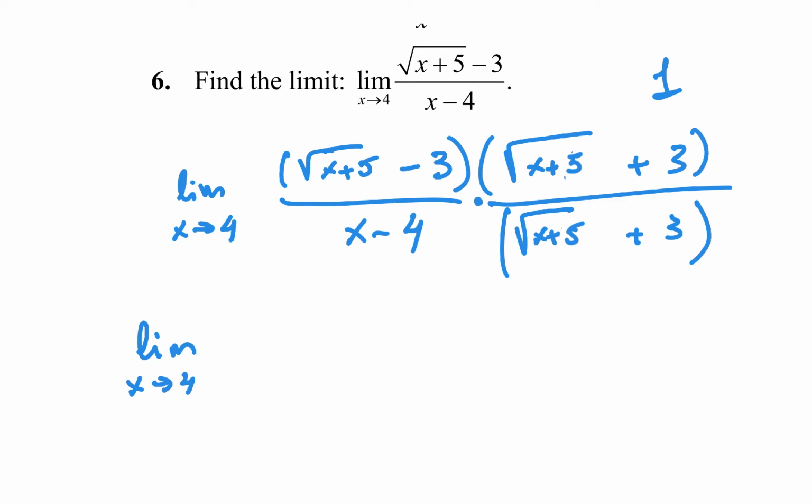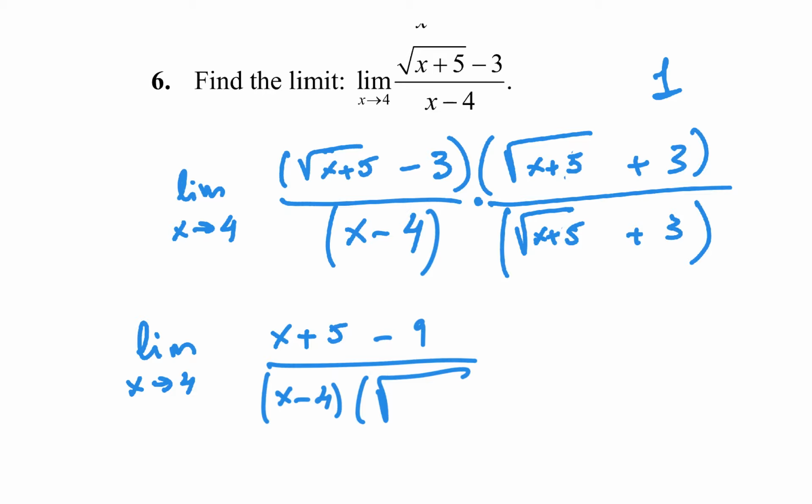The square root of x plus 5 multiplied by the square root of x plus 5 is x plus 5. Now it will appear plus 3 times the square root and minus 3 times the square root of x plus 5. This will cancel and finally will appear minus 9, 3 by 3, minus 9, divided by x minus 4 multiplied by the square root of x plus 5 plus 3.